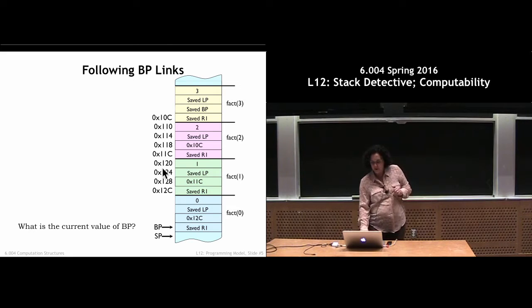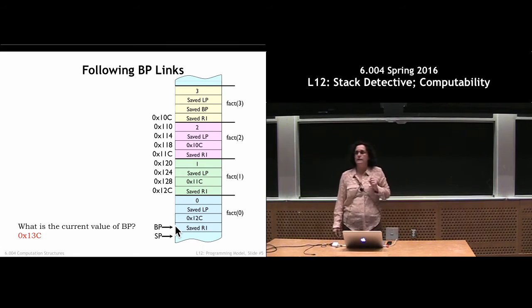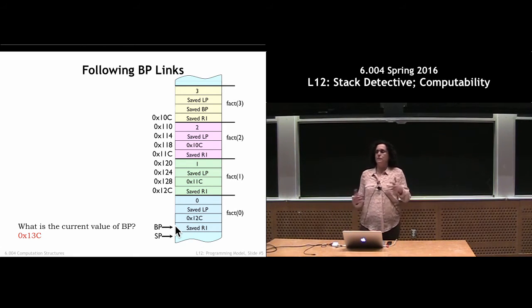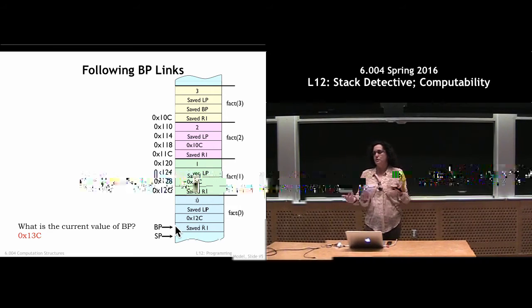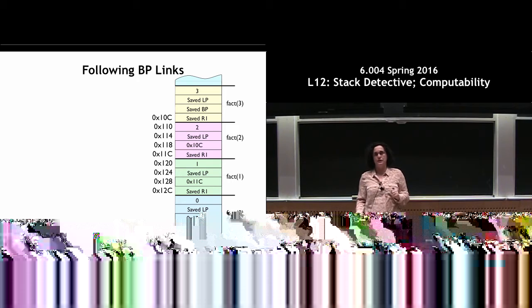Ultimately, once you get to this activation record, your base pointer is going to point to this location, which happens to correspond to address 0x13c. So that's an example of what information you can infer from the different values of the base pointer in your stack trace.